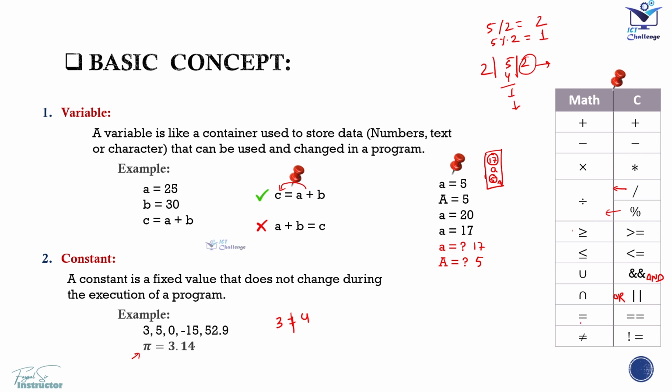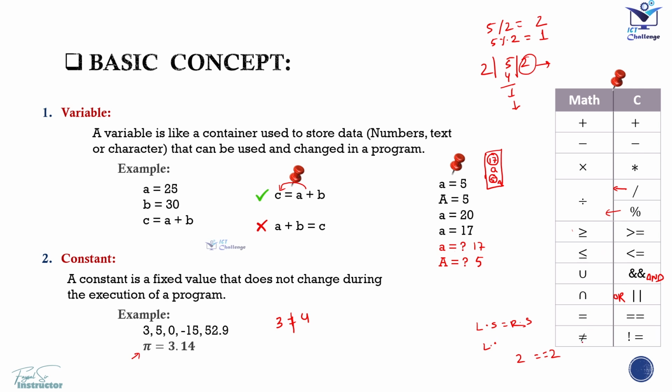Also in mathematics, if you want to express that the left side is equal to the right side, you can write it this way. Whereas in C programming you have to write a double equal sign to indicate that the left side and right side are equal.